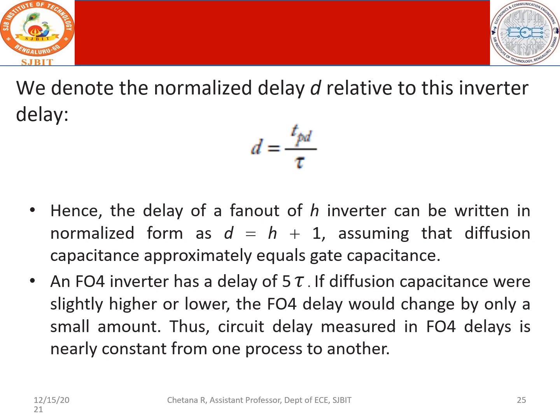So the delay of a fan out of H inverter can be written in normalized delay as D equal to H plus 1, assuming that the diffusion capacitance approximately equals the gate capacitance. So what is the value of H? The H value was found to be 4, and therefore it gives you 5 tau.